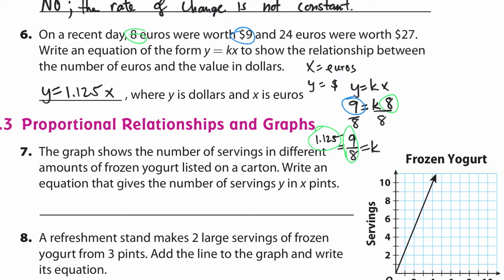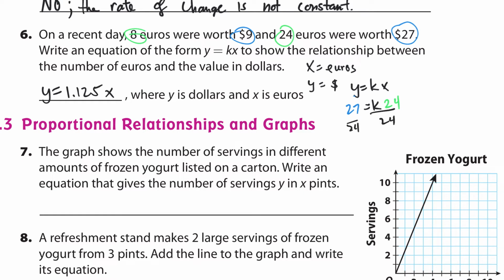And I could erase this here and show you the same thing is going to happen with the other information. If y, the amount in dollars, is 27, equals k times x, which is 24, then to solve for k, you divide by 24.